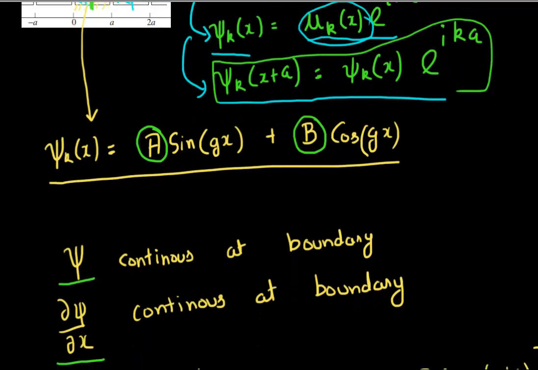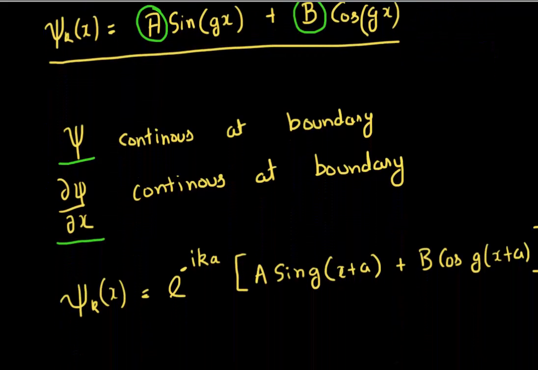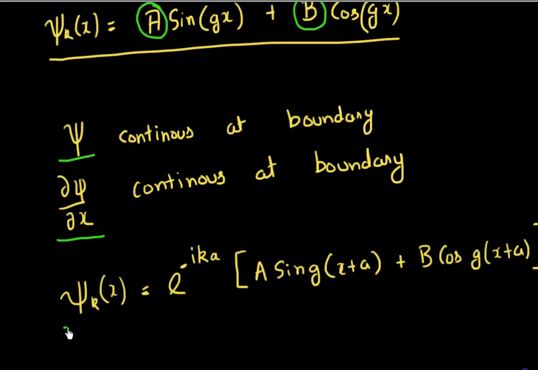So I do that, and essentially I relate my wave function at a point x minus a to my wave function at point x, and what I need to do is equate them and match the coefficients on both sides.